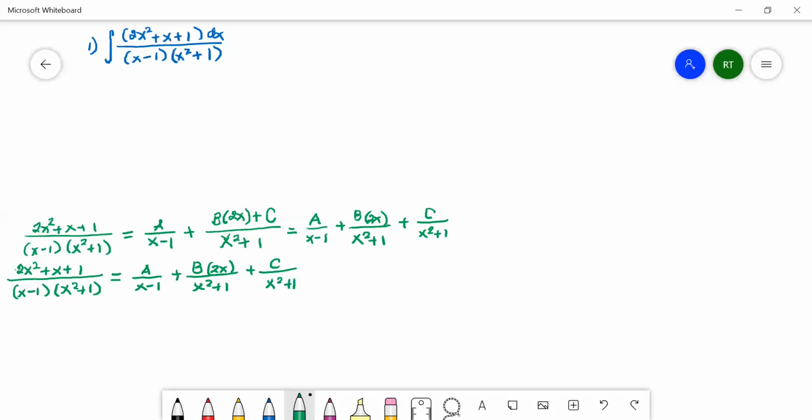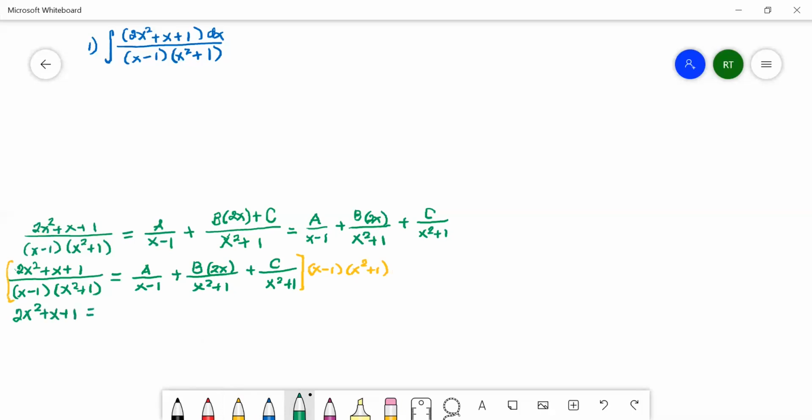Now to simplify the resulting equation, we can multiply both sides by the LCD. And of course, the LCD is (x minus 1)(x squared plus 1).